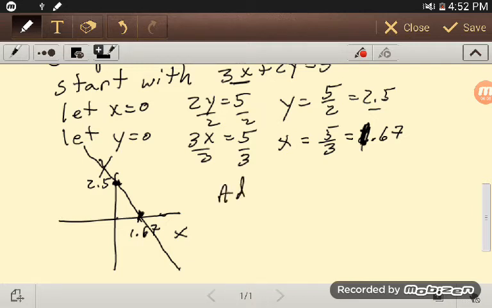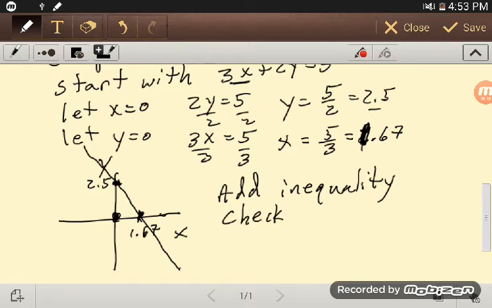Now I need to add the inequality. What we have is this nice property that this inequality splits the plane into 2 pieces, those pieces that work and those pieces that don't. So all I really have to do is check any point on either side of the line. In this case, the easiest is 0, 0. So I check 0, 0.